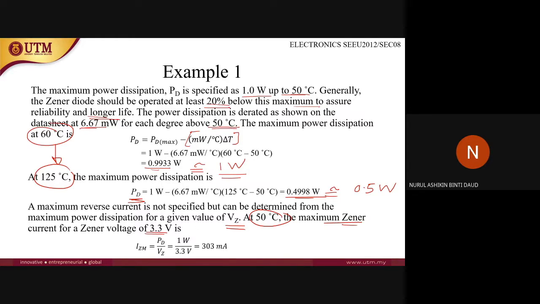Vz is given, which is 3.3 volts. PD is also given, which is 1 watt. So you can calculate the maximum Zener current: 1 watt divided by 3.3 volts gives you 303 milliampere. I hope up until now it is okay.